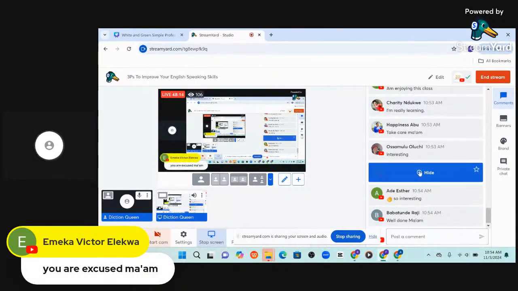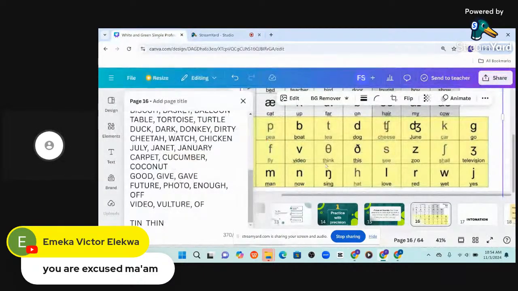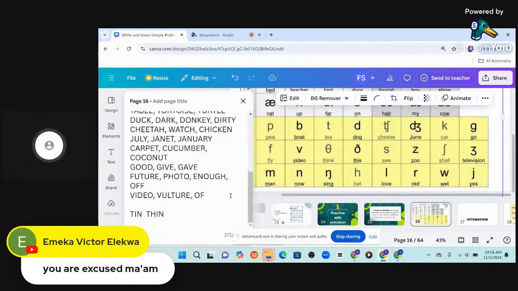I appreciate that. So now the next sound that we have is still on this sound. Let's practice more word examples. So we have words like bath, B-A-T-H, bath, not bat.